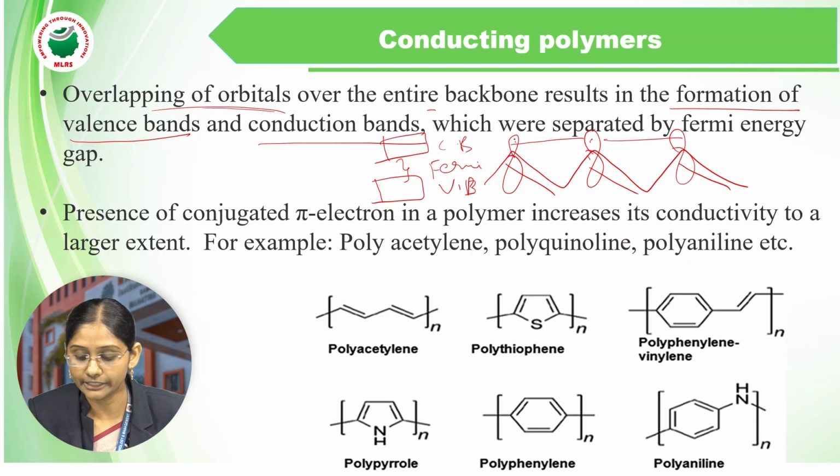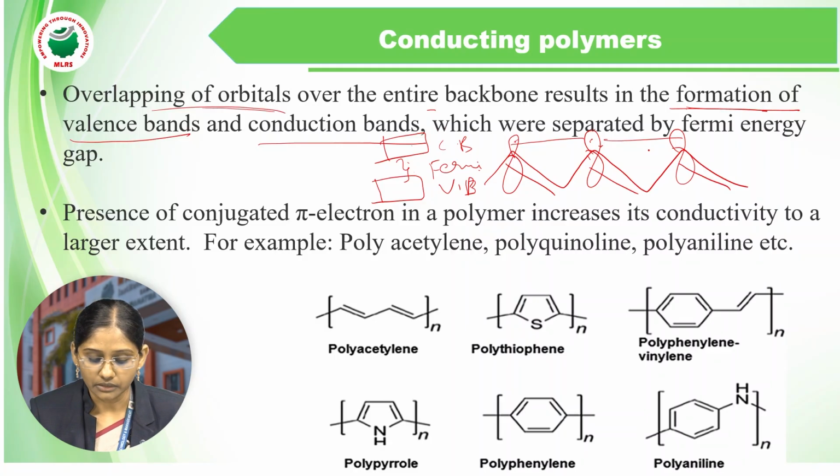The unpaired electron is there because of the pi electron cloud, and it overlaps with the pi electron cloud of the other carbon atom. Because of this, the valence band and conduction band form, separated by the Fermi energy gap. The gap between these two bands is called the Fermi energy gap.